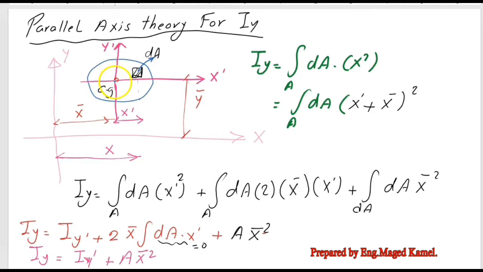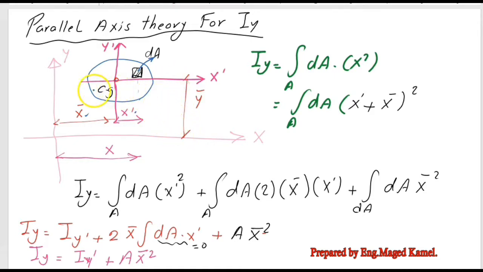The distance from the CG to the y-axis we call x bar, while the horizontal distance between the CG of the dA to y dash we call x dash. And y bar is the vertical distance from x dash to x.